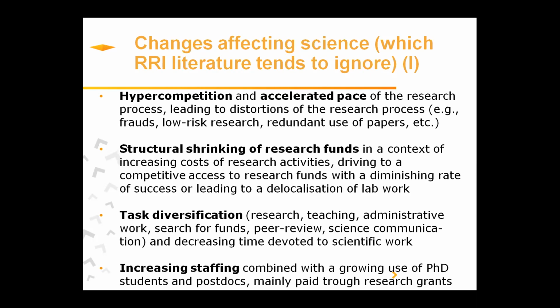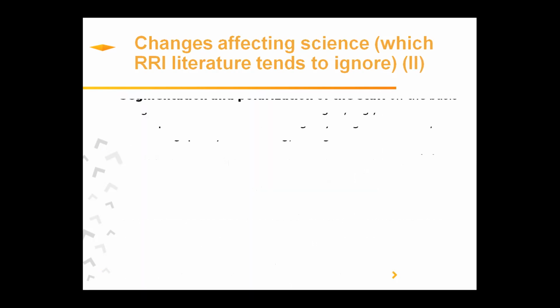There is an increasing staffing of research organizations, which is combined with a growing use of non-permanent workers, like PhD students, for example, and postdocs, mainly paid through research grants, the so-called soft grants, soft money.